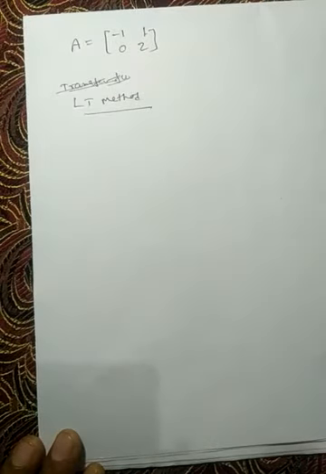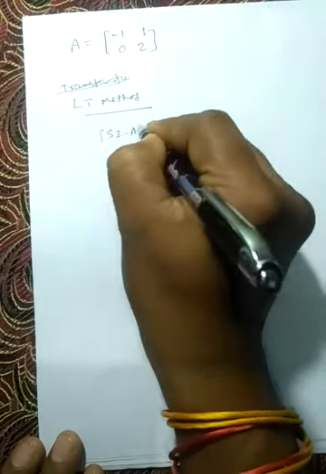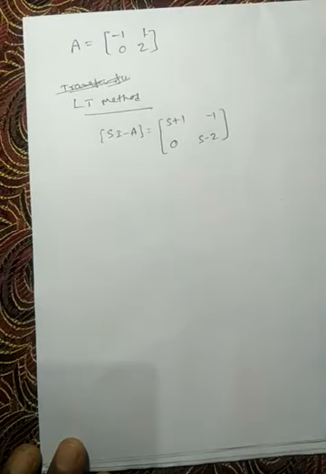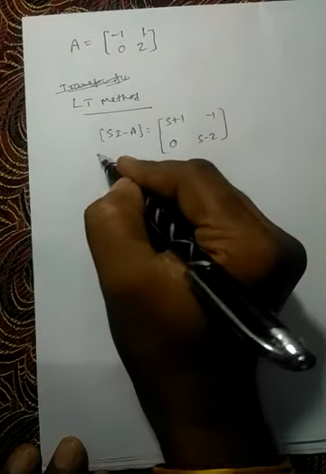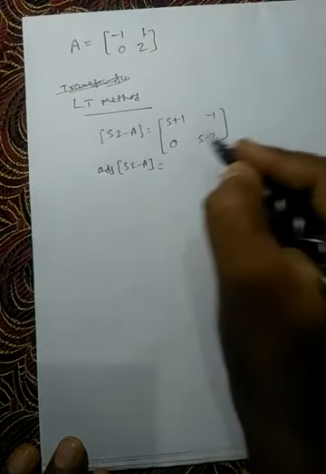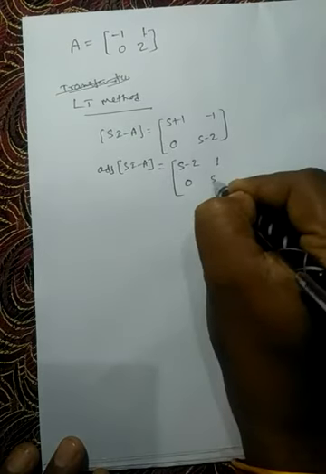For the Laplace transform method, first we'll find the sI minus A matrix, and this sI minus A matrix will be [s+1, -1; 0, s-2], and its adjoint matrix will be [s-2, 1; 0, s+1].